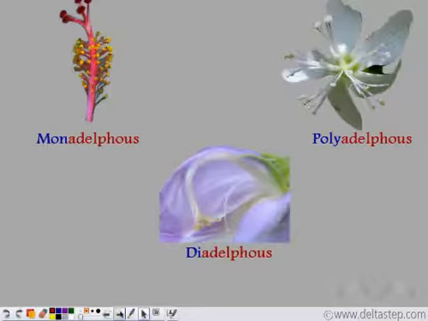Now, if the stamens form 2 groups, then that arrangement is known as diadelphous. And if the stamens form multiple groups, then that arrangement of stamens is known as polyadelphous.